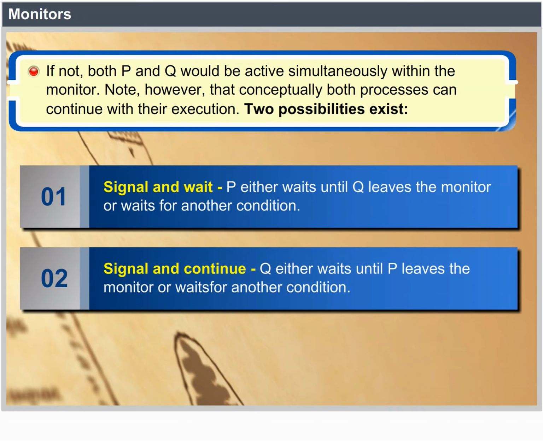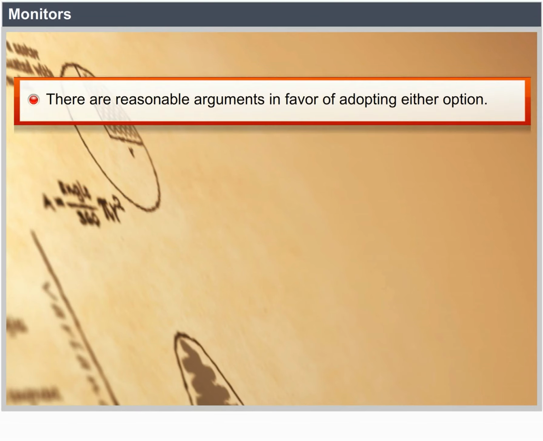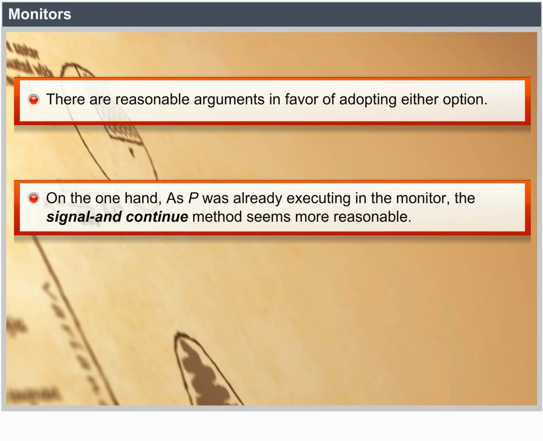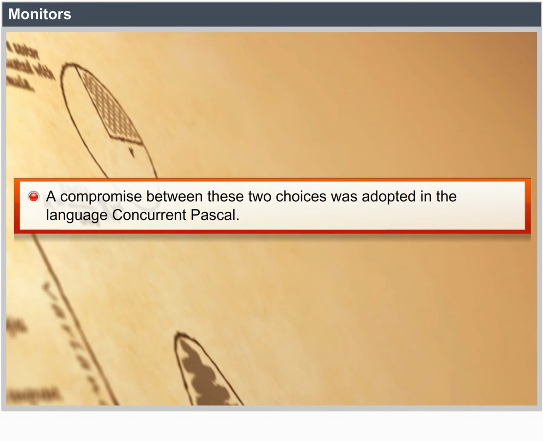There are reasonable arguments in favor of adopting either option. On the one hand, since P was already executing in the monitor, the signal and continue method seems more reasonable. On the other hand, if we allow thread P to continue, then by the time Q is resumed, the logical condition for which Q was waiting may no longer hold. A compromise between these two choices was adopted in the language Concurrent Pascal.